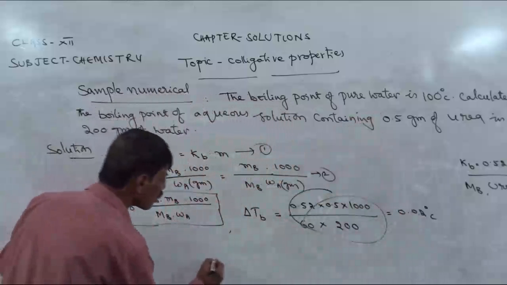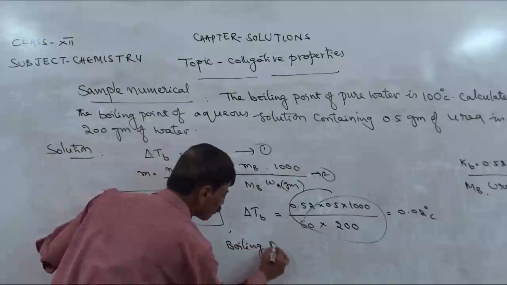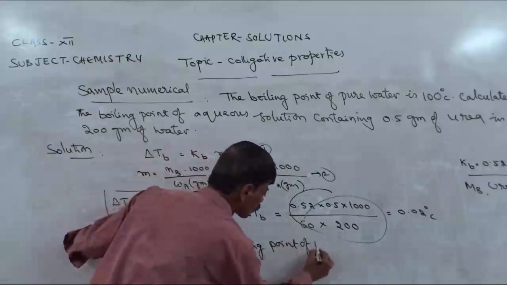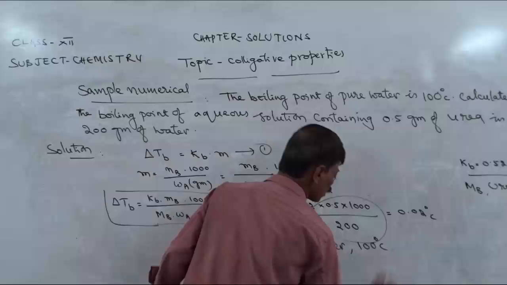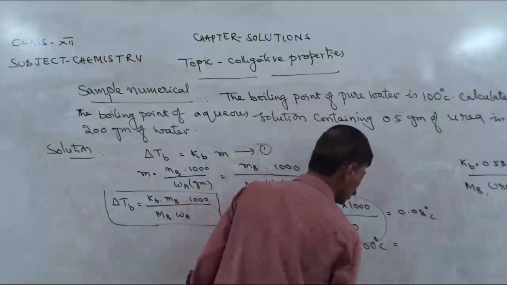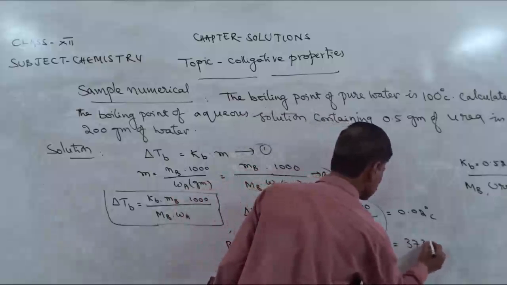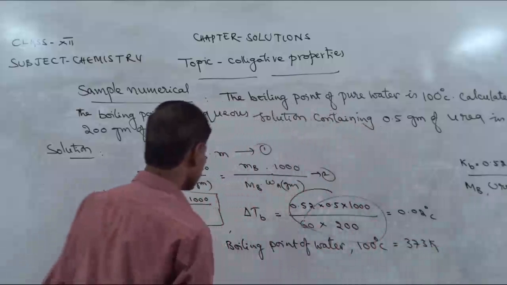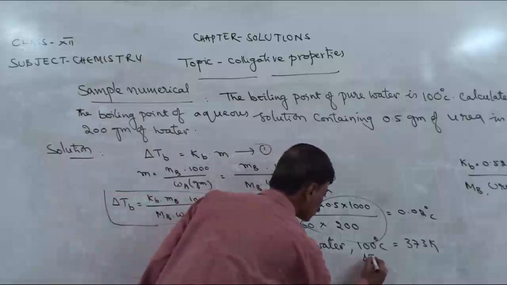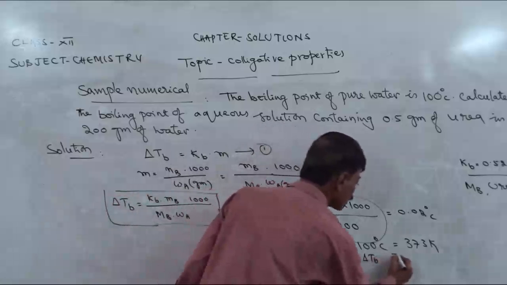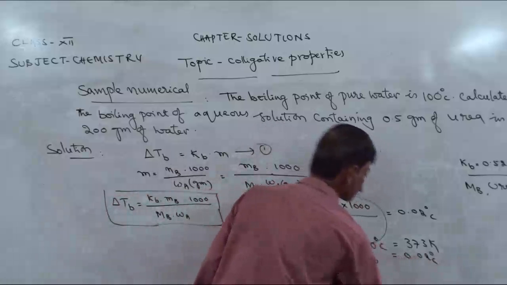Therefore, the boiling point of water here is given as 100 degrees centigrade. On the Kelvin scale it is equal to 373 Kelvin. Now delta TB, that is elevation in boiling point, the elevated boiling temperature, is 0.02 degree centigrade.